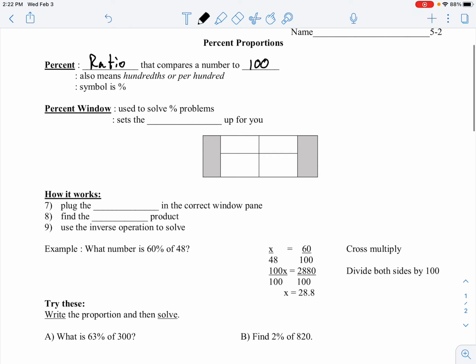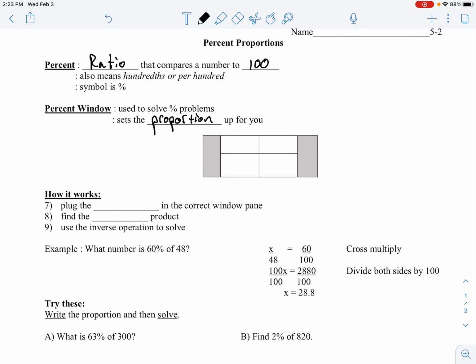Alright, next is a percent window. So these are going to help us solve these percentage problems without using the shortcut. The shortcut will make things easier, but only in certain situations. So it's important to understand how this works as a whole. What this does is set the proportion we are worried about up for us.